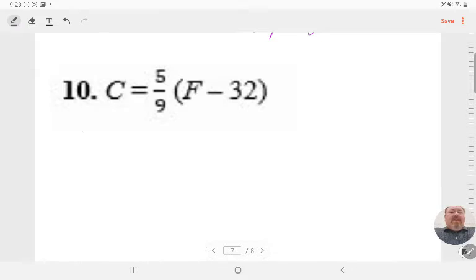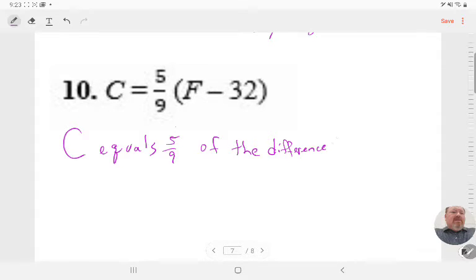Okay, and on the last one, I could say c equals 5/9 of the difference of f and 32.